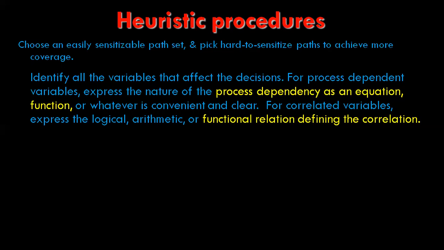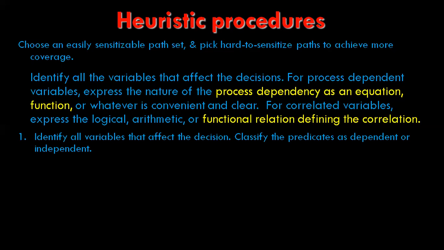Here, the dependent processes, independent processes, or correlated input variables are first determined and classified accordingly. We have to show the type of the relation, whether it is logical, arithmetic, or functional, and the dependency by means of equations for these correlations and dependent variables respectively.